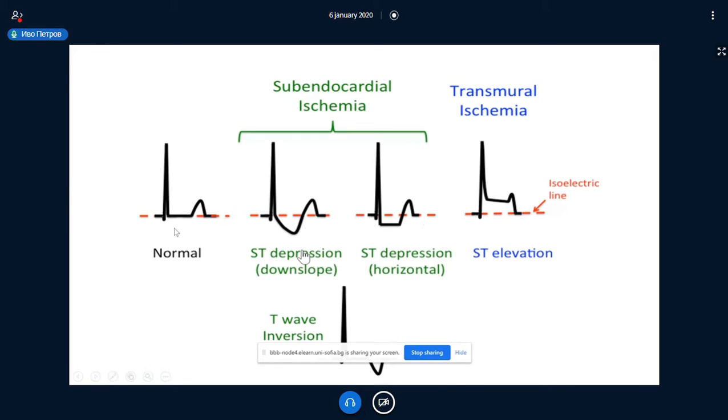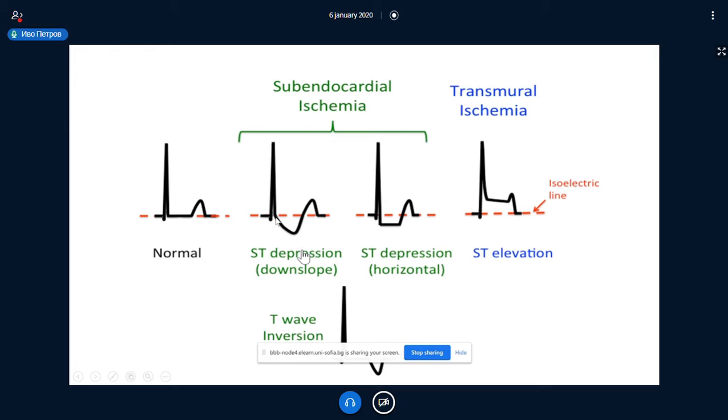So in case you connect the PQ line between three consecutive QRS complexes, this is your real or your virtual isoelectric line. So in case compared to the isoelectric line, we have some depression, like in this case.